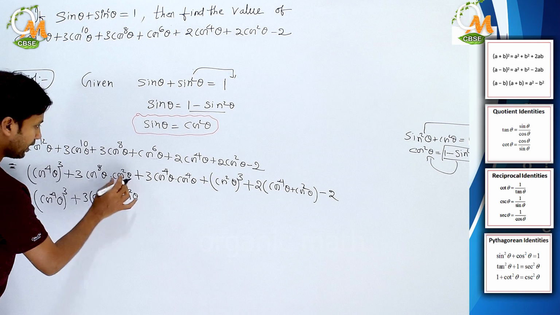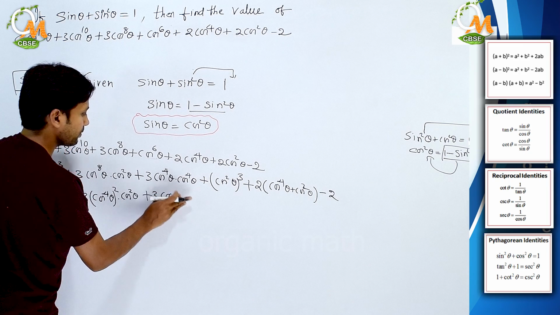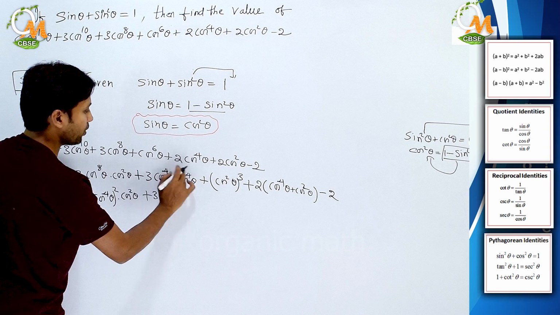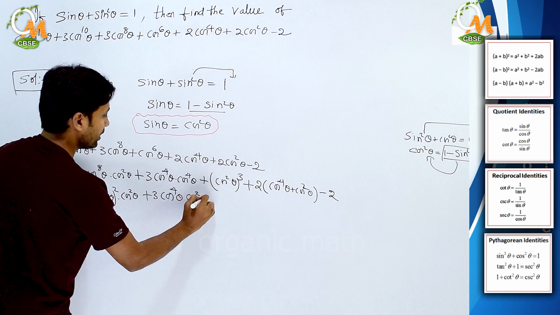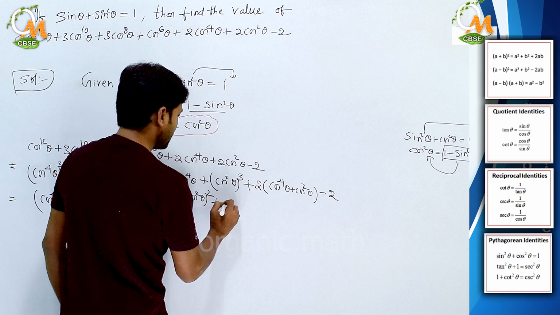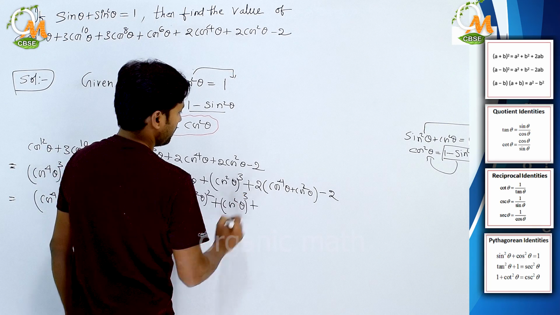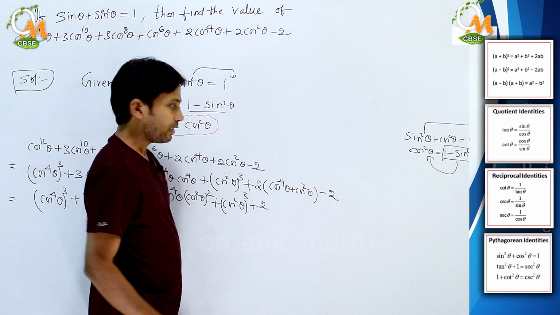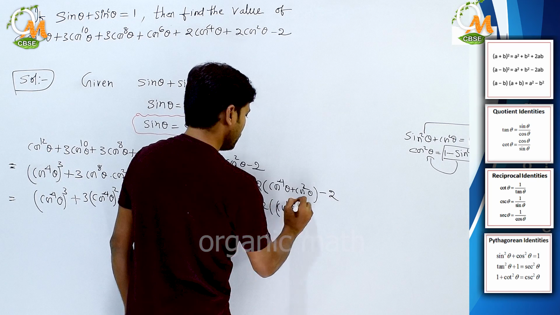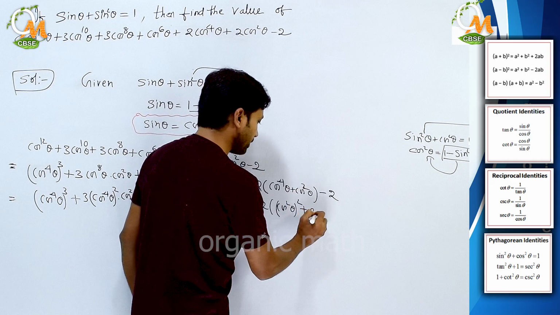Then next, 3 cos^4 θ, I want to write as 3 (cos² θ) whole square, plus (cos² θ) whole cube, plus 2 into (cos² θ) whole square, since cos^4 θ can be rewritten as (cos² θ) whole square, plus this cos² θ, written as it is.